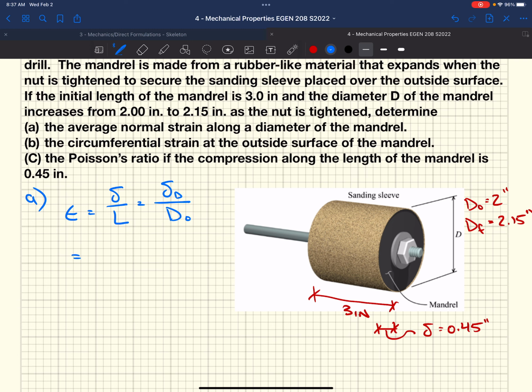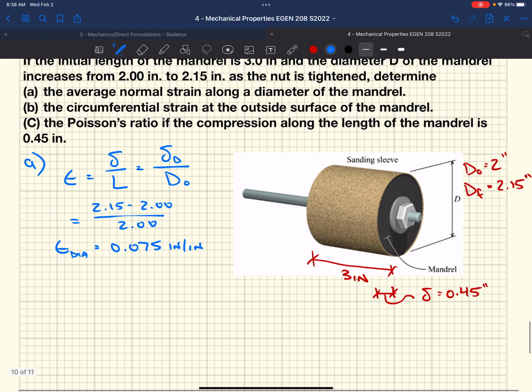They gave us our original diameter and our final diameter. So if we do our final minus our original all over our original, that would give us our normal strain along the diameter, epsilon. We'd get an epsilon of 0.075 inches per inch, right? Meters per meter, feet per feet. It's all the same.